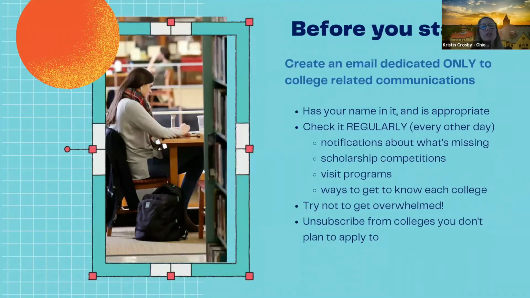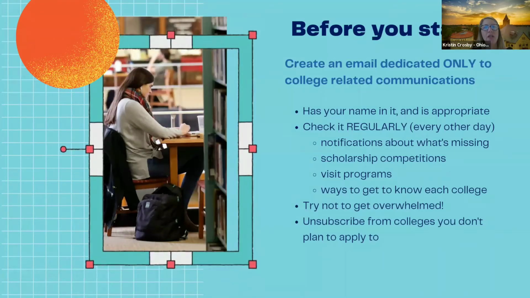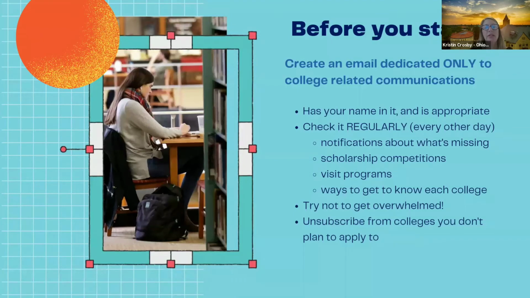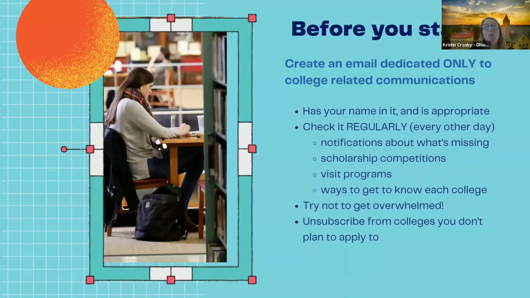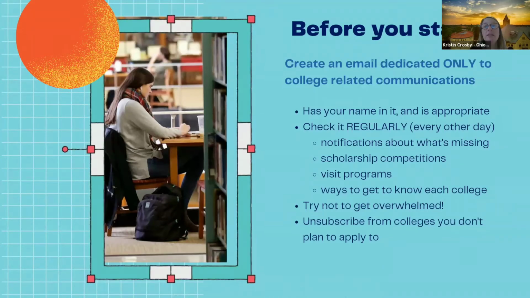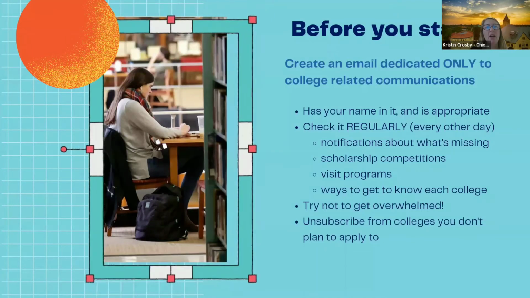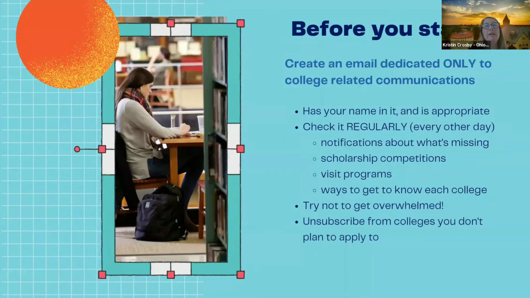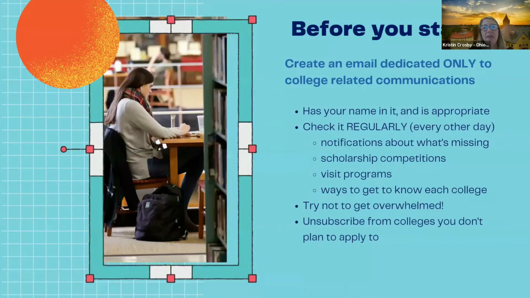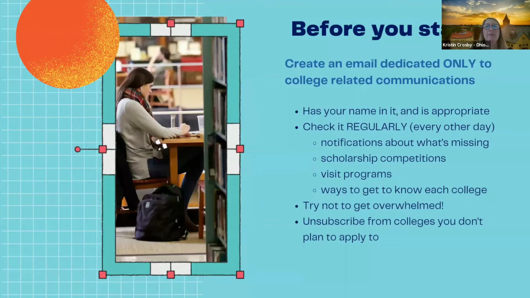But if you know you're going to one dedicated to your college search, you control the time frame of when you sit and read through and digest all of those messages. And once you figure out where you're applying, it's easy to unsubscribe from the colleges that you're getting all these emails from. You can just click at the bottom of a college email that you're no longer interested, and click unsubscribe.